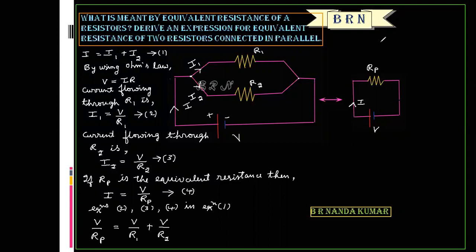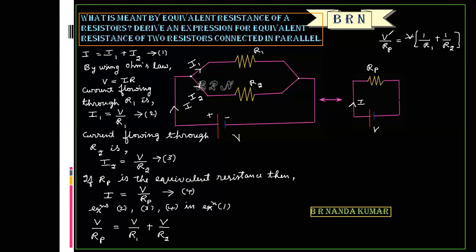So V divided by RP is equal to V taken as common, times 1 divided by R1 plus 1 divided by R2.